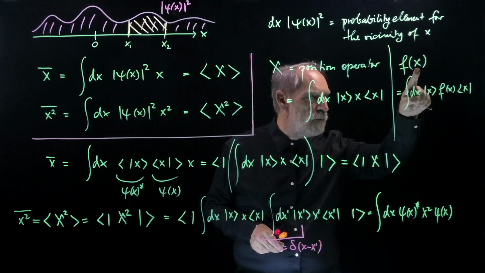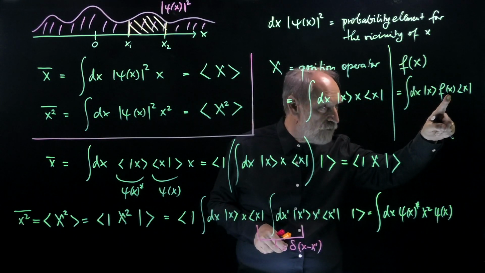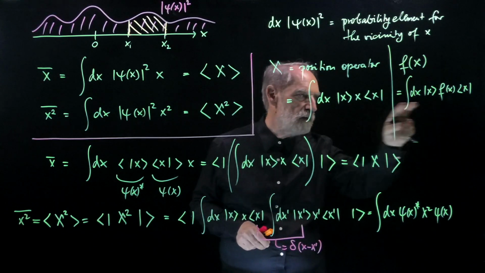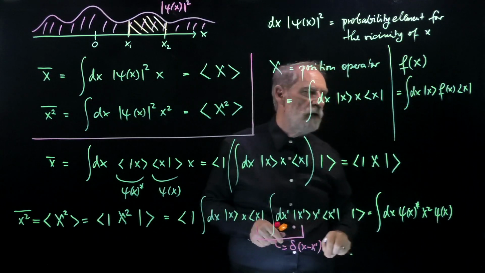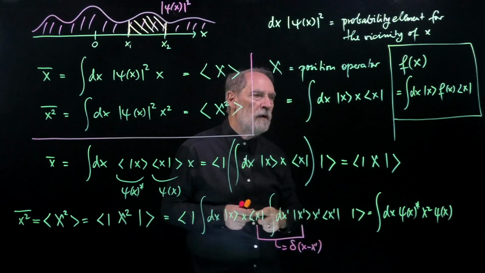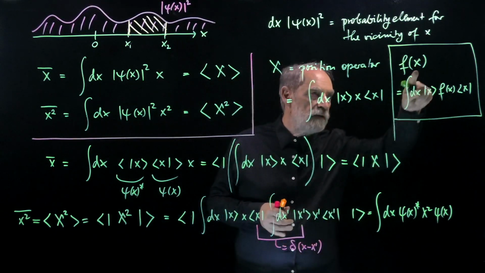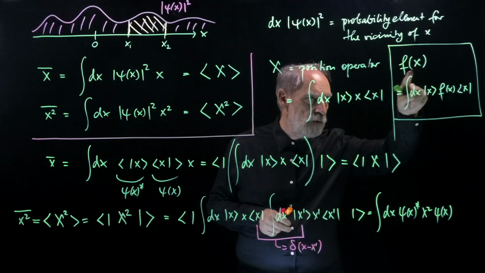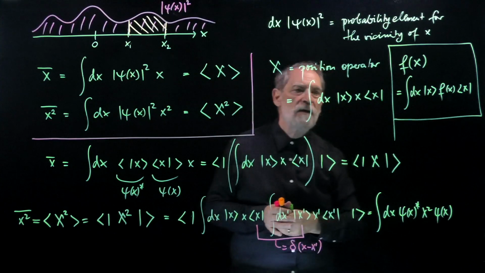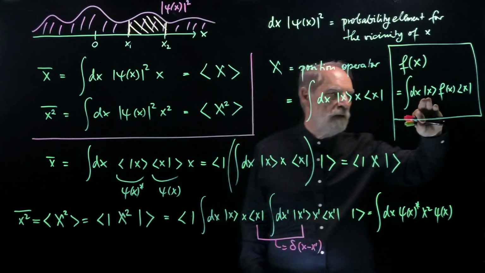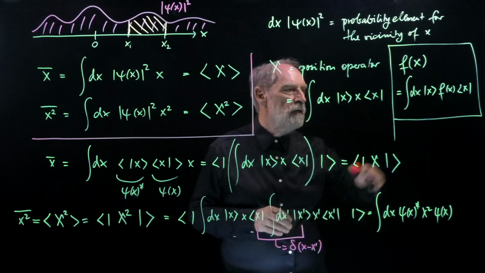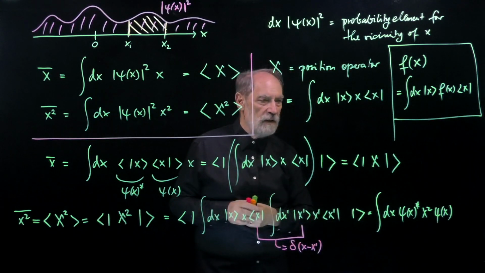So this is the function of the operator, this is the function of the variable x, and we integrate with the ket bra for the position x, the number f of x, and this will be the expression for an operator function of the position operator, expressed in terms of the ingredients that go with the position ket, the position bra, the function value at the position, summed over all x's, which is done by an integration.